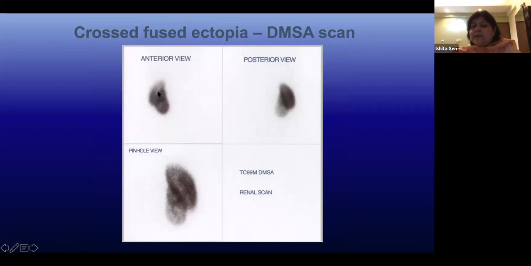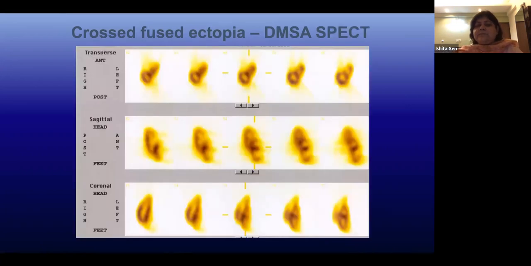This is one kidney, this is the other kidney. And if we have the pinhole view, or a high resolution view, you can define the two kidneys very nicely. And this is a cross-fused ectopia, again a spotter case.